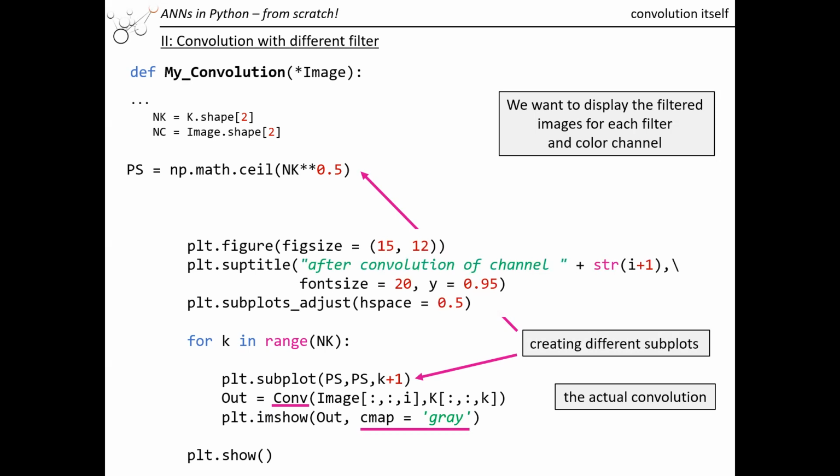And then we're going to take a look and try to understand and interpret the result. So that's the idea now. We want to create such a plot where the image has been convolved with every different filter, and we want to do this for every different channel.